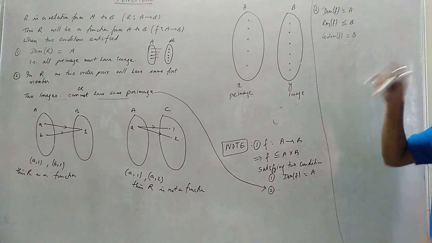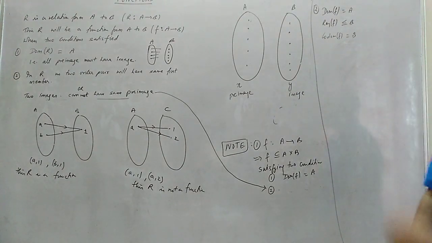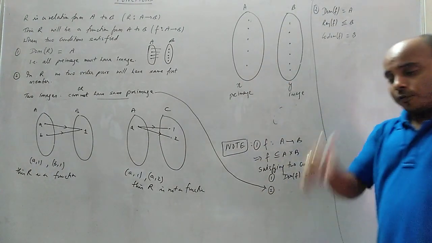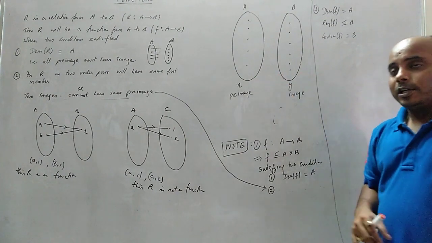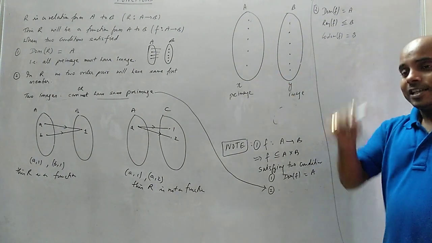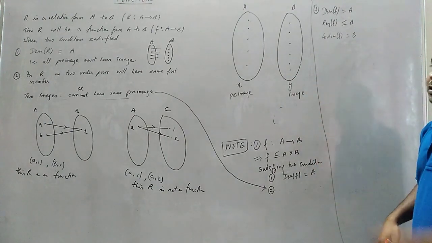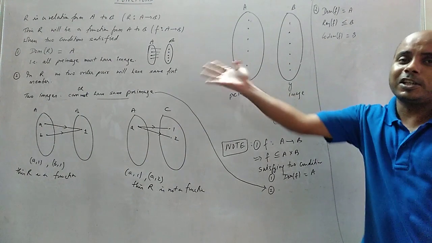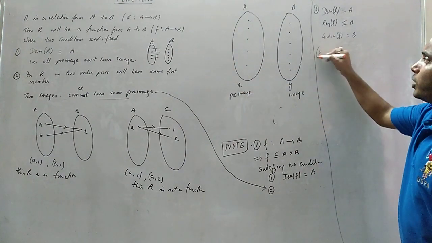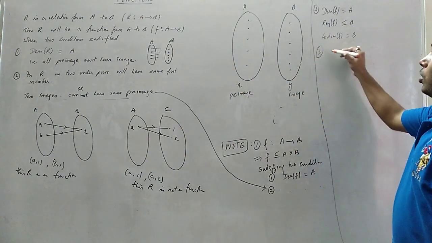Okay, and how to find this domain and range? Same way as in relation. What is domain? First elements of the ordered pair. And what is range? Second elements of the ordered pair. So here also we use the same fundamental numericals in questions. Because what is function? It is a relation itself, right? And the third point you will write like this under note.